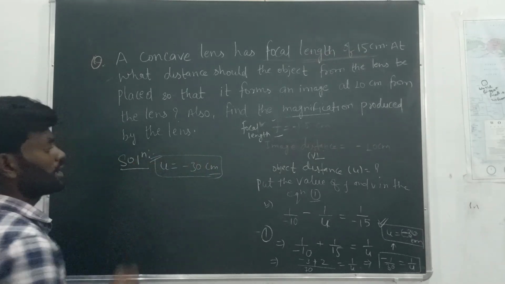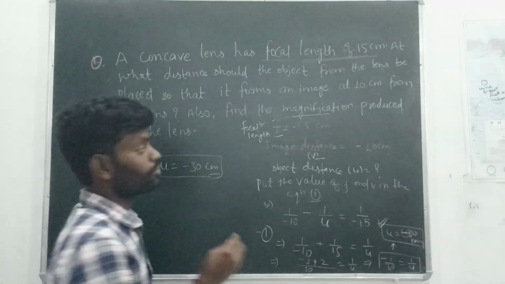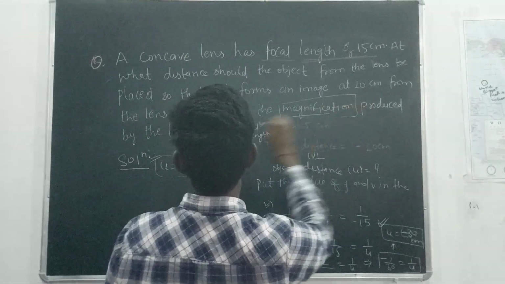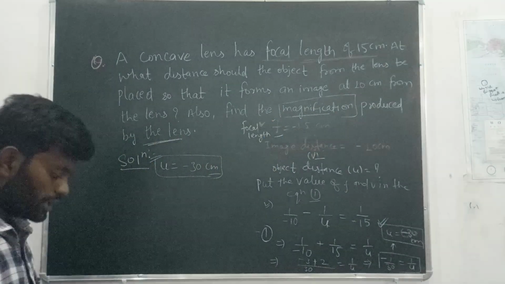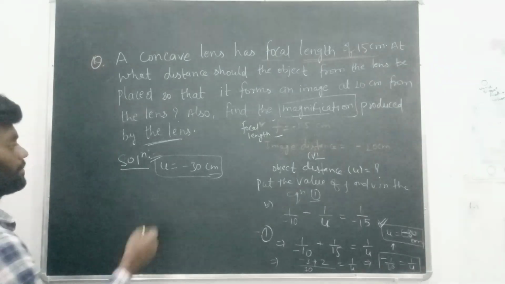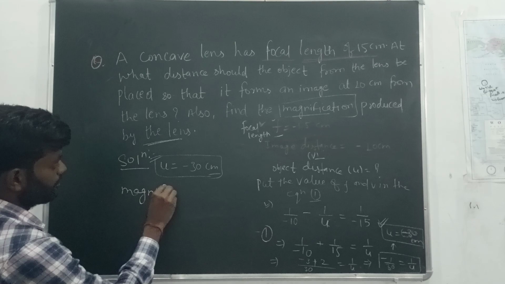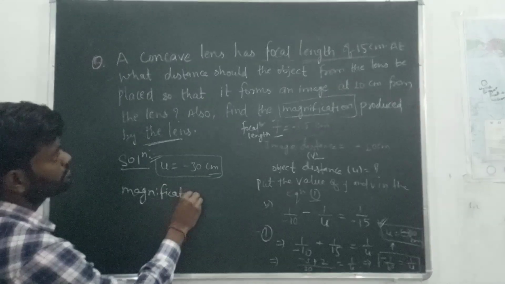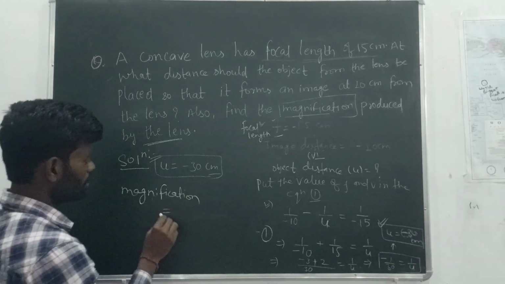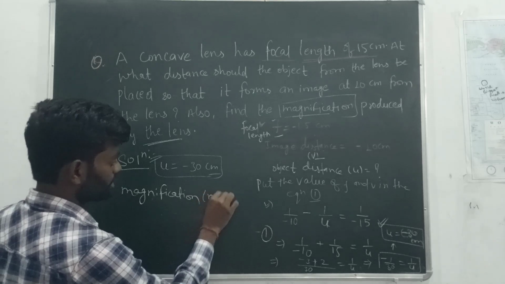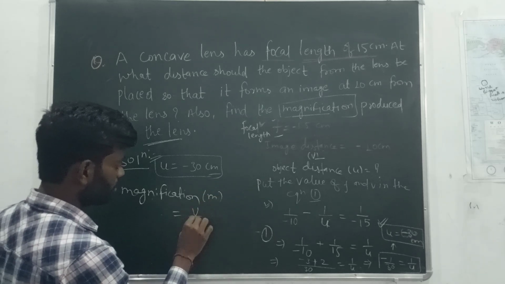Now the second part of this question is the magnification produced by the lens. Magnification is denoted by small m and is equal to v upon u.